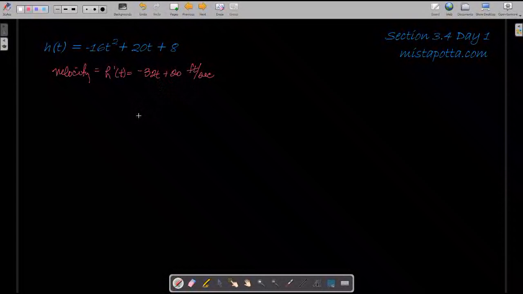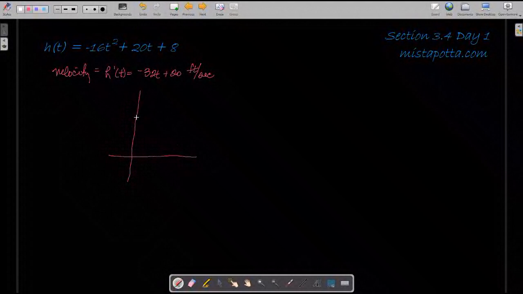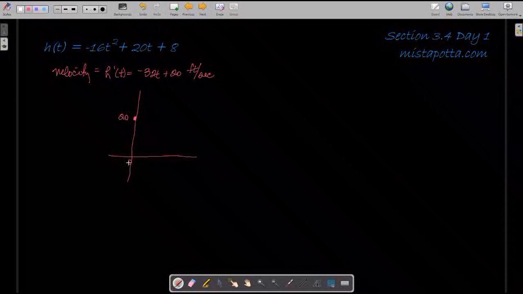And of course, if I were to graph this function, I have a y-intercept at 20, and of course that represents my velocity when t equals 0.